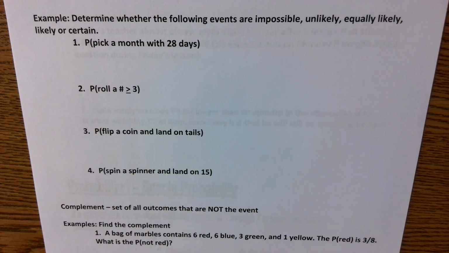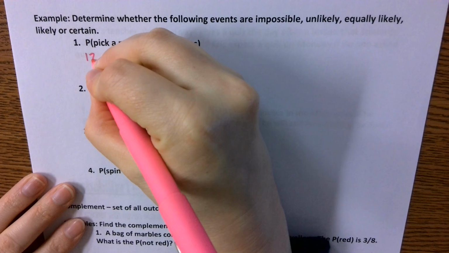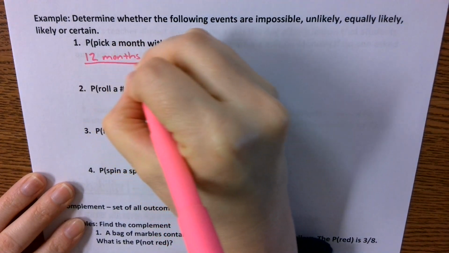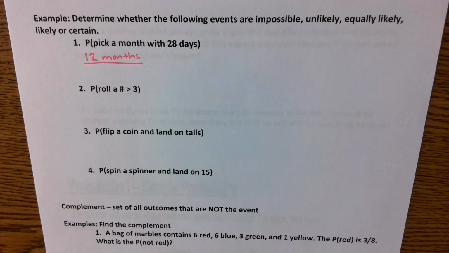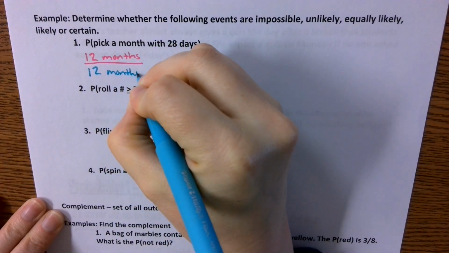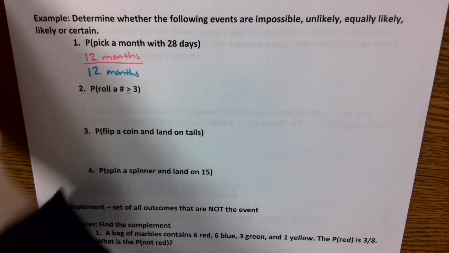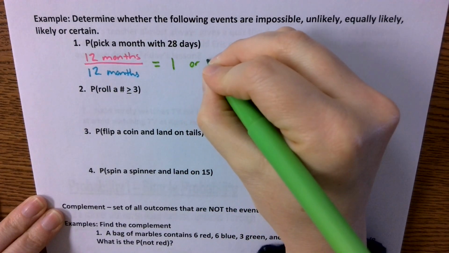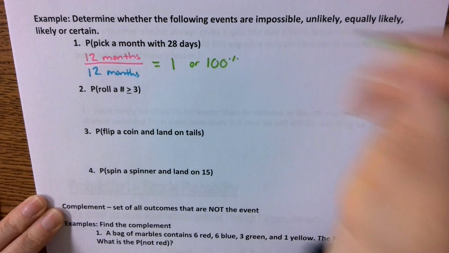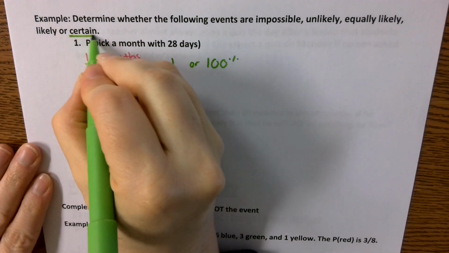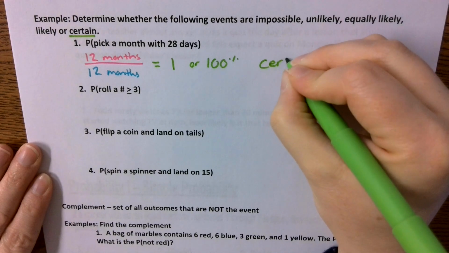Well, you read an extra word in there. So there are 12 months that have 28 days within them out of the total number of months that we have, which was 12. When you simplify, 12 over 12 is 1 whole, or as a percentage, 100%. So what outcome do we call that? Certain. That is a certain possibility.